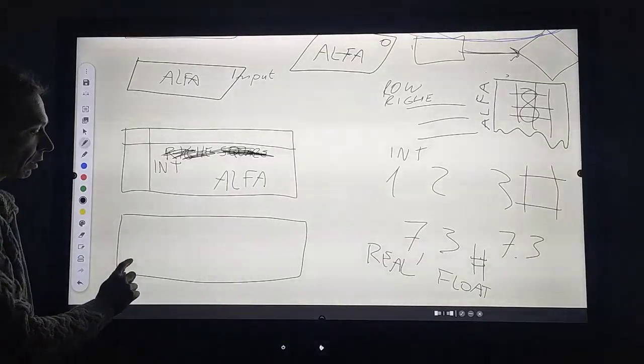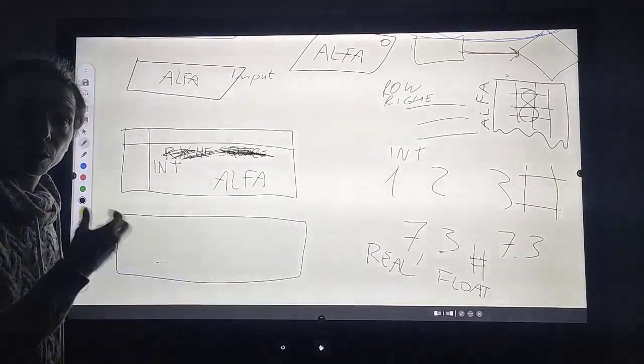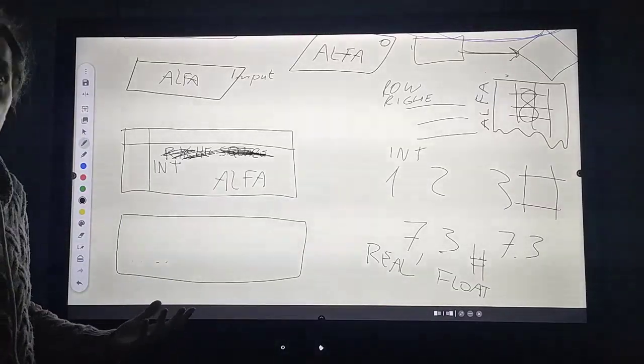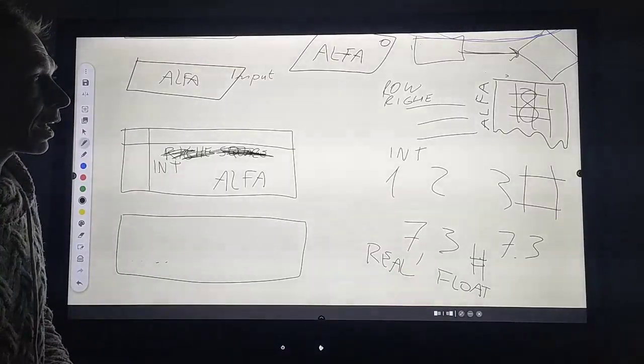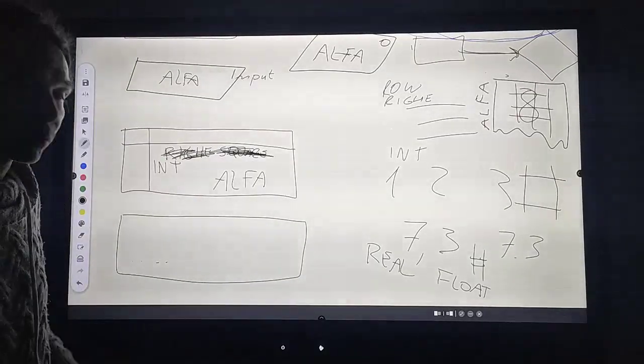So here I will put the variables I prefer. For example, I want him to write something into alpha variables.